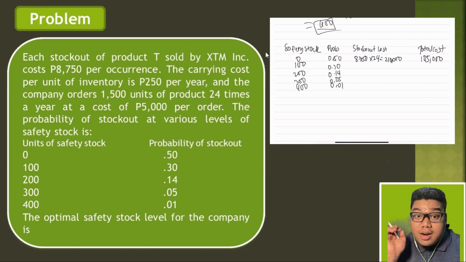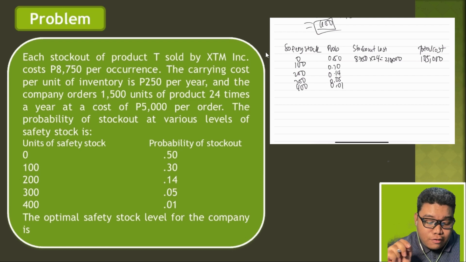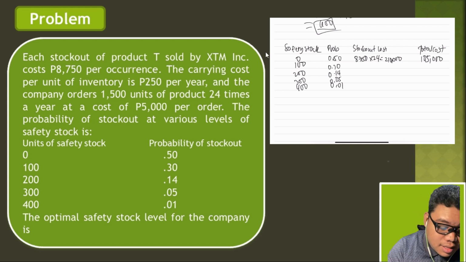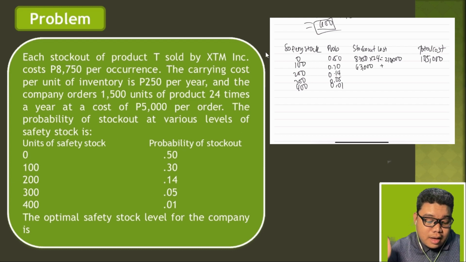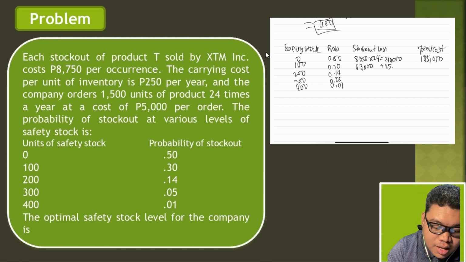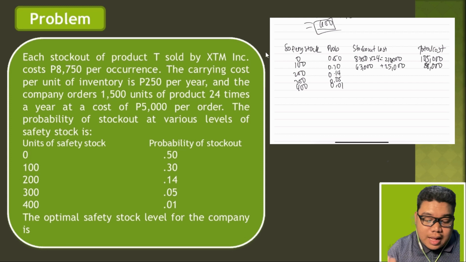Next would be for the 100 units of safety stock, that is 210,000 multiplied by 0.3, that is 63,000 for the stockout, plus the carrying cost of 100 multiplied by 250 per unit, so that is 25,000. Your total cost would be 63,000 plus 25,000, that is 88,000.